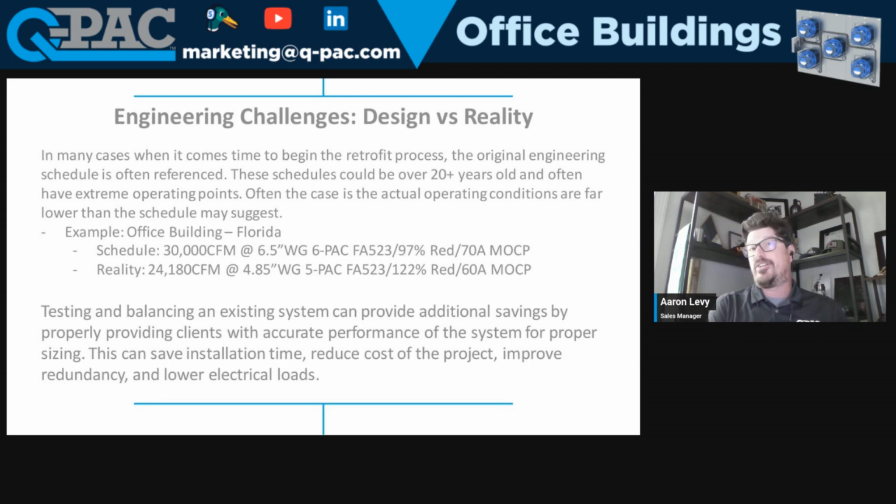And then we can design around the building schedule. But I always tell people, in this instance, it can make a big difference in your electrical. It can make a big difference in the cost of the system up front, because we can remove a fan in most cases. Normally when you start getting above 45 to 50,000 CFM on a schedule, it starts to behoove the customer to have that system tested and balanced.